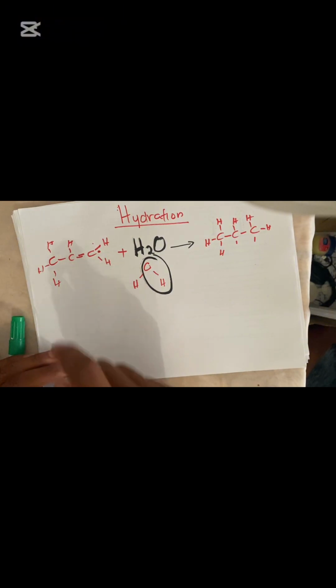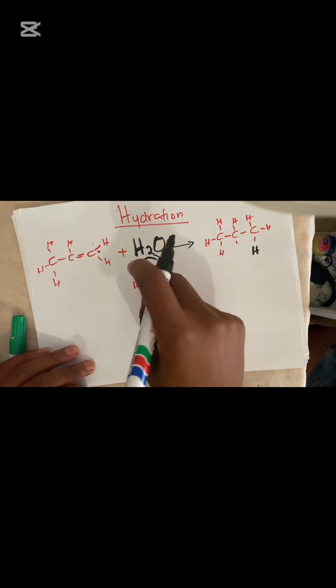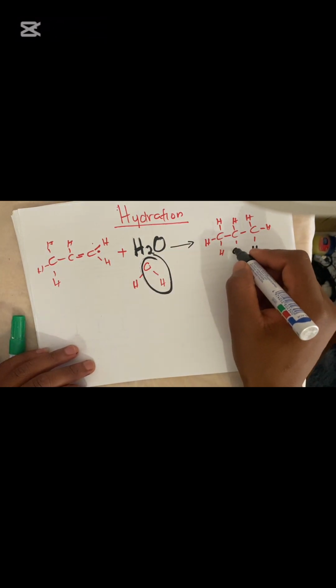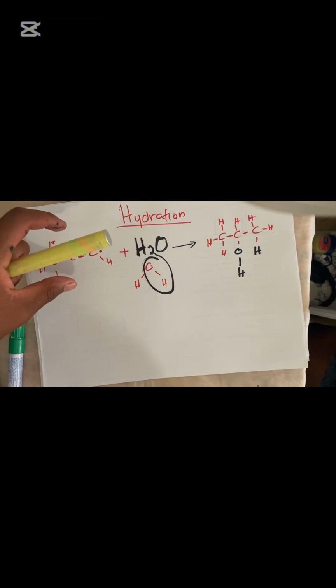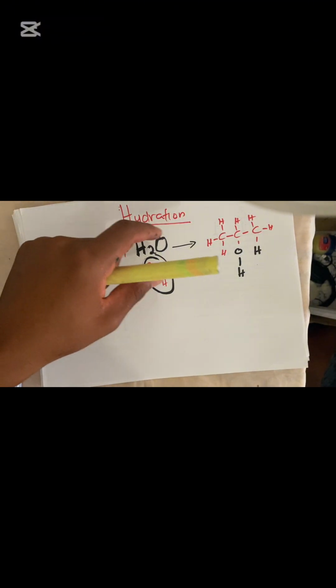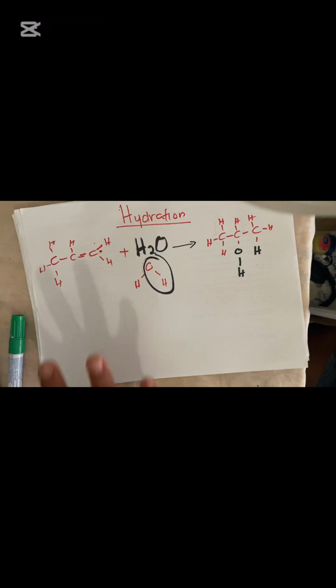Hydrogen is bonded there, and then the hydroxide group is bonded. Meaning that in hydration we are reacting an alkene with water to form an alcohol. Hydration.